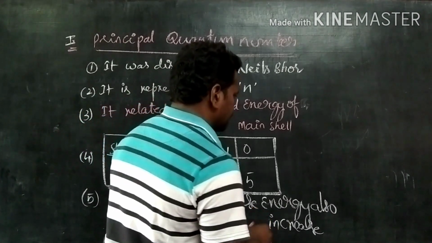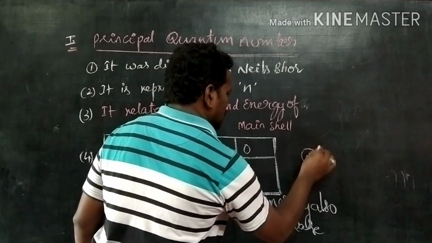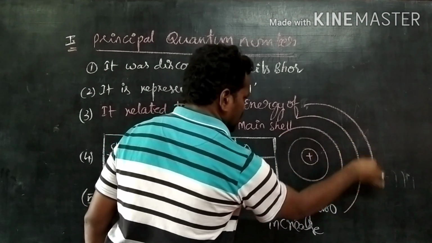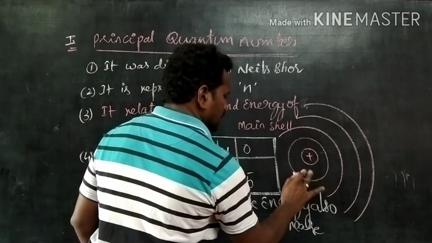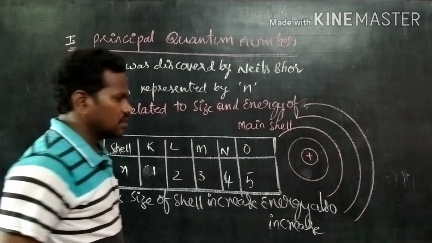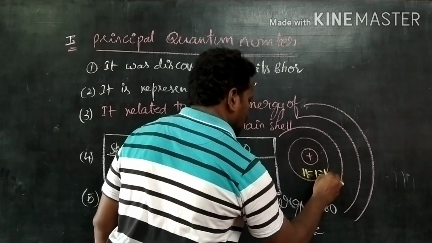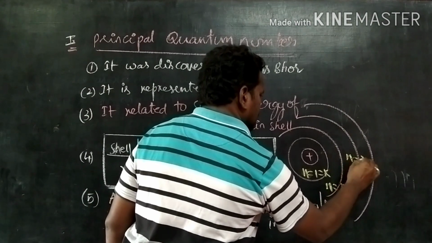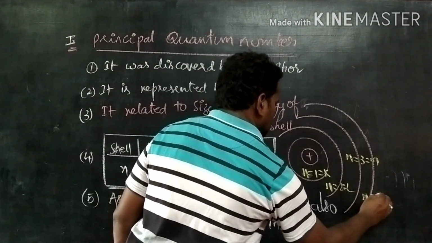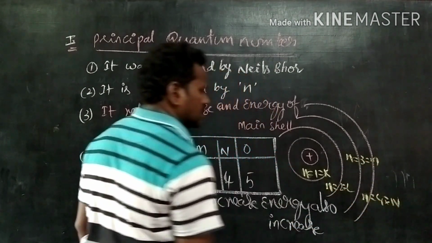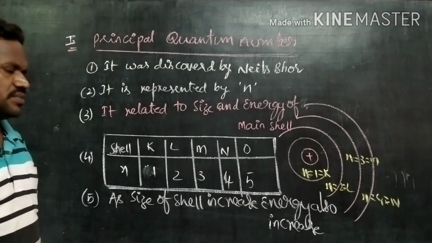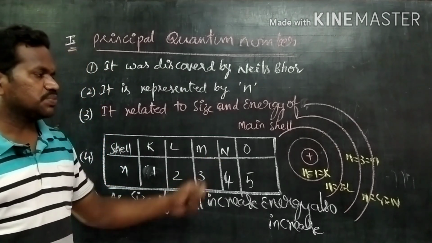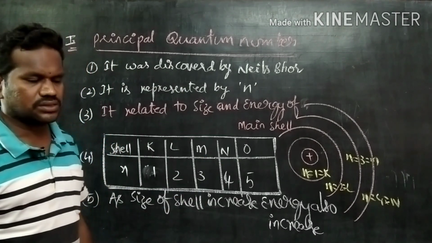If you can understand, this is the nucleus and the electrons are revolving around the nucleus like this, where N is equal to 1 is K, N is equal to 2 is L, N is equal to 3 is M, N is equal to 4 is N. Actually they are there in the form of full circles, but for convenience I draw only half circles.